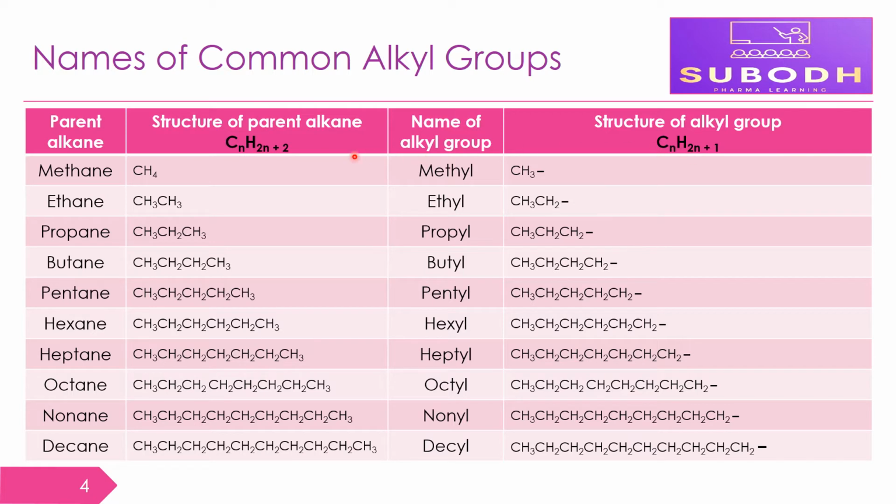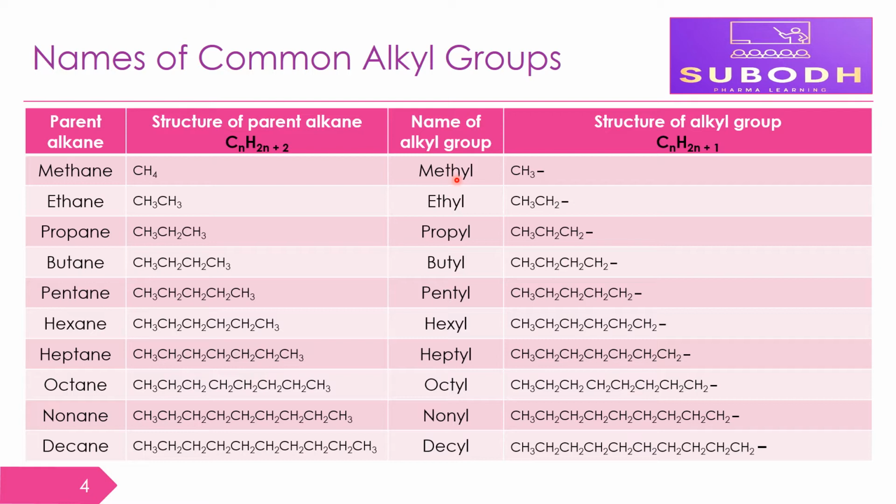See here, the first alkane is methane having formula CH4, and by removing one hydrogen from it, it forms CH3 known as methyl.